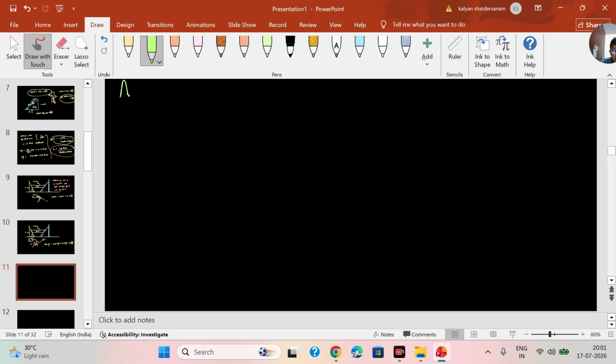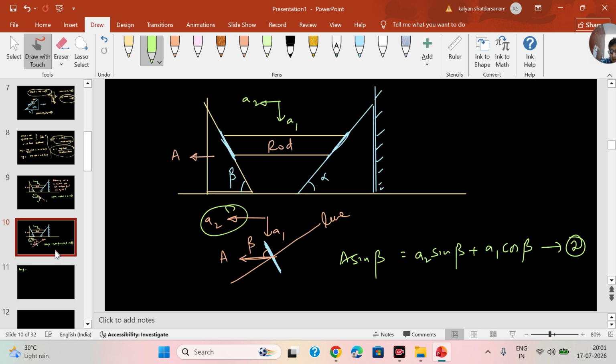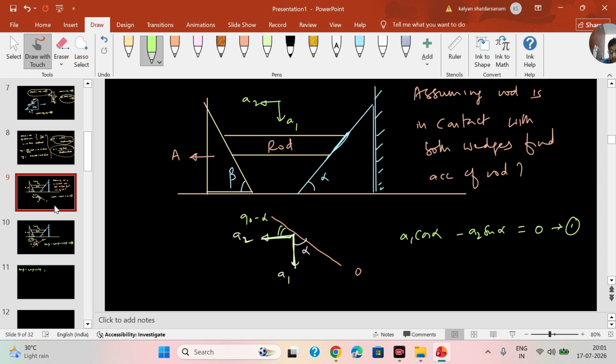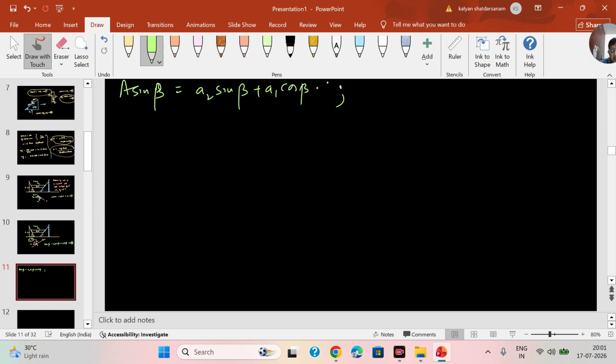A sin beta, this equation, A sin beta is A2 sin beta plus A1 cos beta. That was my one equation, and the other one was A1 cos alpha is A2 sin alpha. Okay, so I'll eliminate maybe A2 from this.